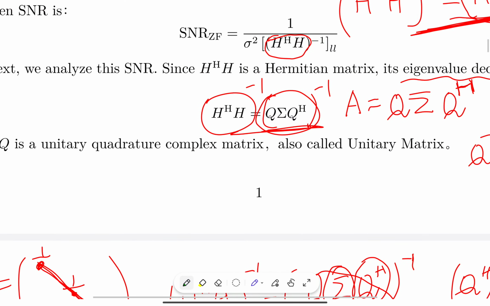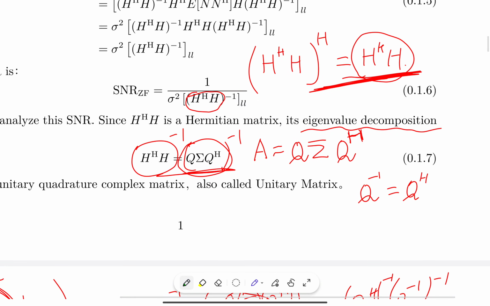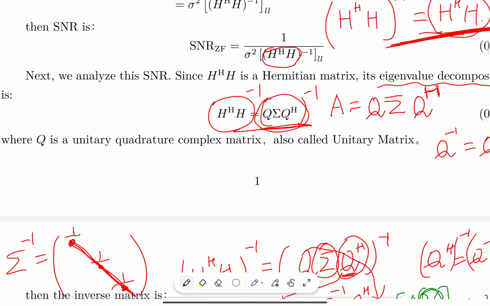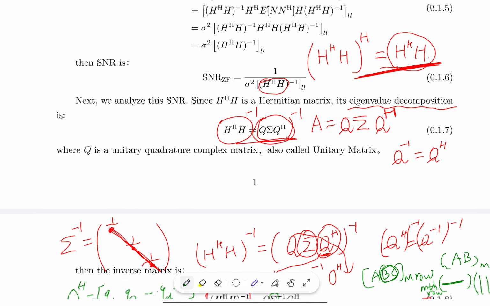This is the effect of very small eigenvalues on the zero forcing equalizer. So we will get a not very good result after the zero forcing equalizer if there is a very small eigenvalue.